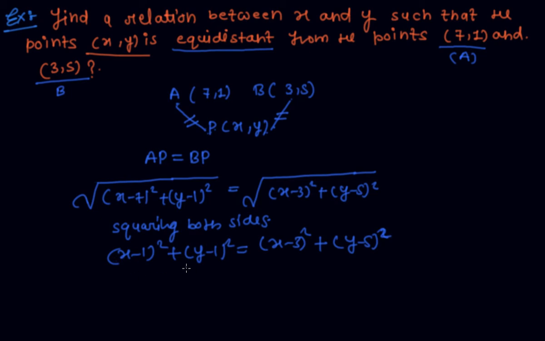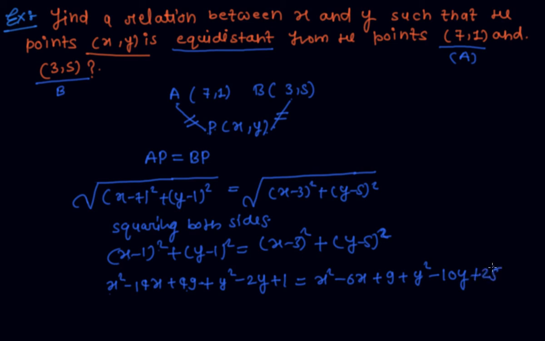So if you solve this equation, so x square minus 14x plus 49, apply a minus b whole square, a square plus b square minus 2ab. Again apply in this, y square minus 2y plus 1, equals x square minus 6x plus 9 plus y square minus 10y plus 25.